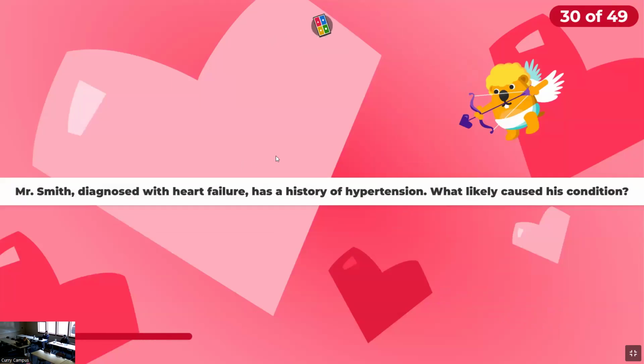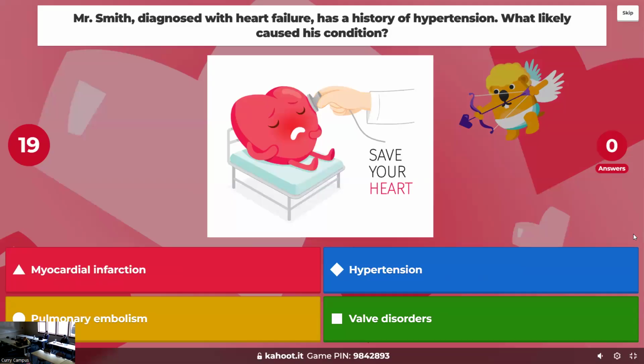Okay, Mr. Smith, diagnosed with heart failure, has a history of hypertension. What is the likely cause of his condition? And the green is valve disorder. The yellow, pulmonary embolism.